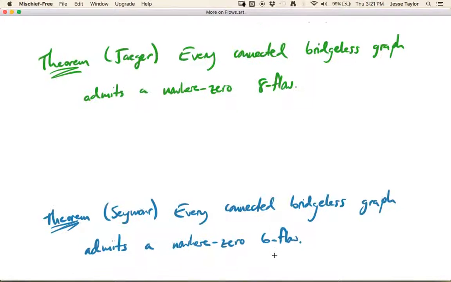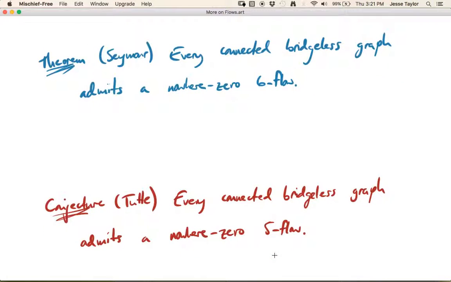And in fact, it's widely believed, there's a conjecture, which means it's not proved yet, but someone thinks it's true, by William Tutte, a very famous mathematician, that every connected bridgeless graph admits a nowhere 0, 5 flow. So we know that if this works, this is the best. There's no way that you can go to 4 because there are known graphs for which 4 doesn't work.